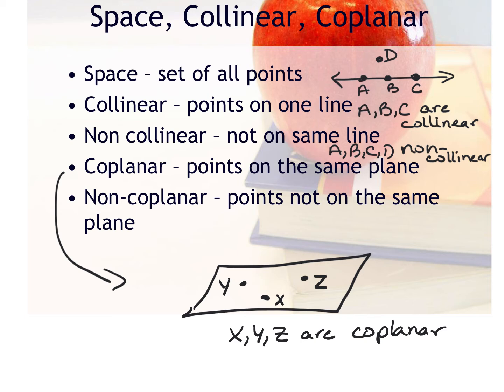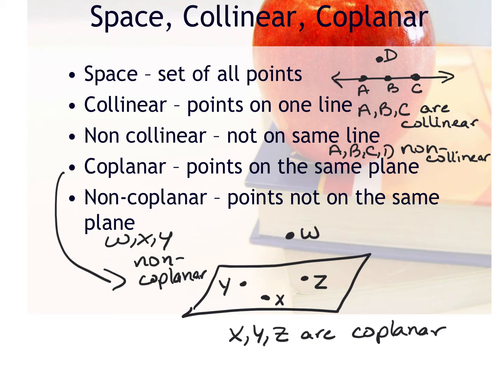As soon as I add maybe a point up above it, I could call that W. Then I would say that points, and I could pick any 3, I could say WXY or even WXYZ. Doesn't matter if I name them all or not. These would be non-coplanar because point W is not inside the plane. It's up above it.